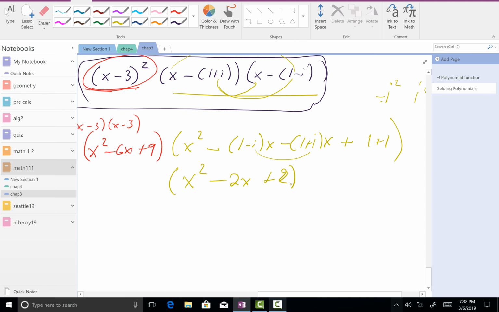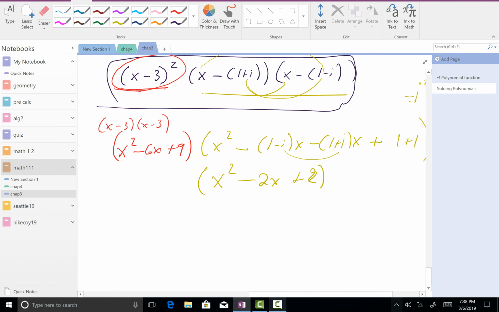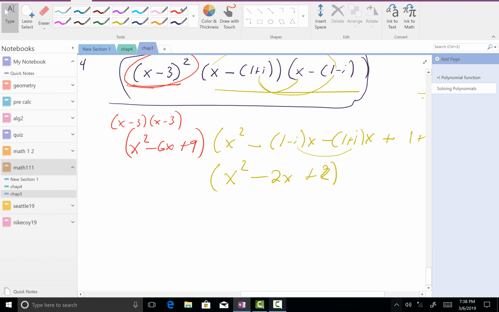Okay. So what looked like it was going to be a real mess, it's just kind of, hopefully you're thinking, man, I hope we don't have a lot of these because this takes a little bit of time. And now it would just be a matter of just FOILing that thing, okay?